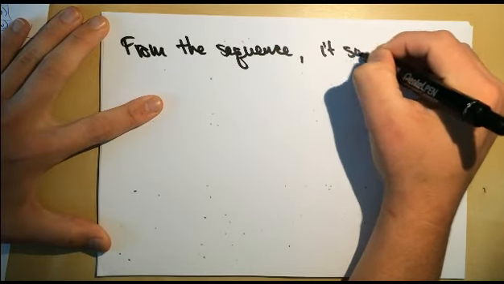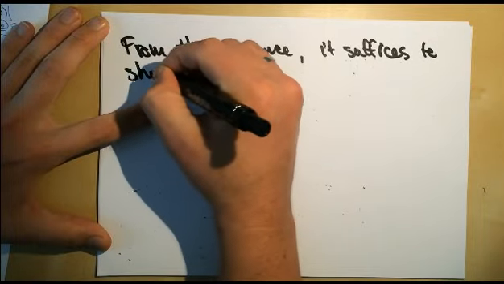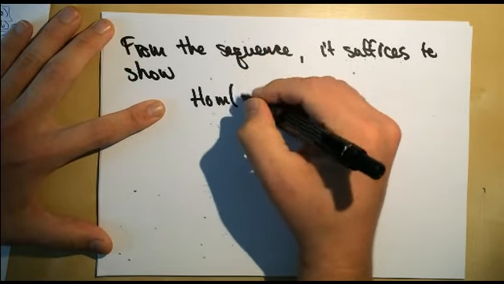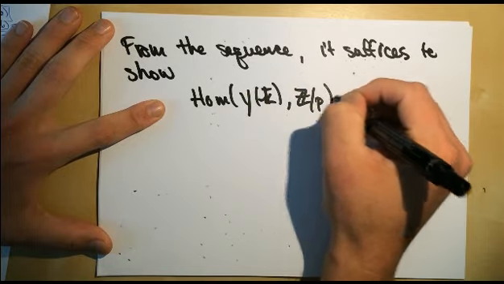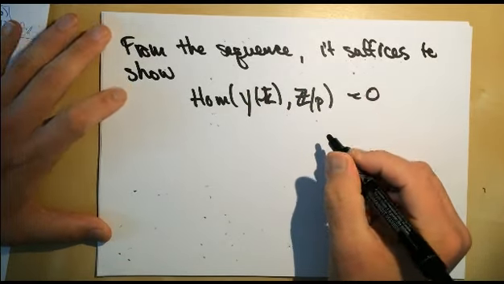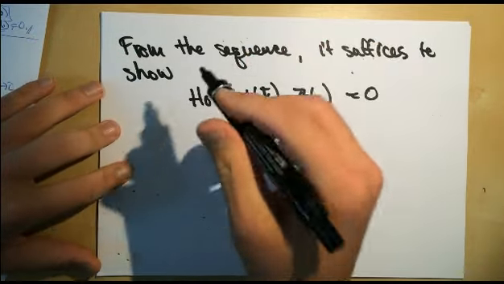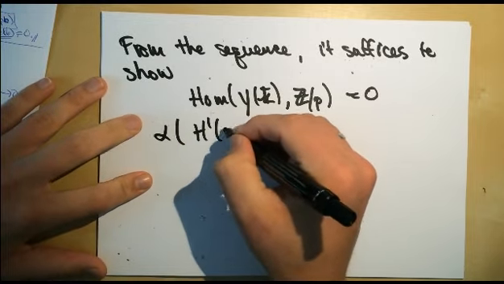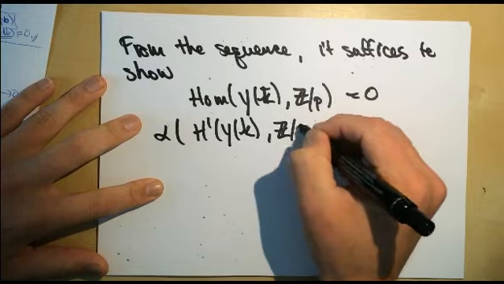It suffices to show that Hom(Yk bar, ...) is 0, and that the image of alpha of k mod p.